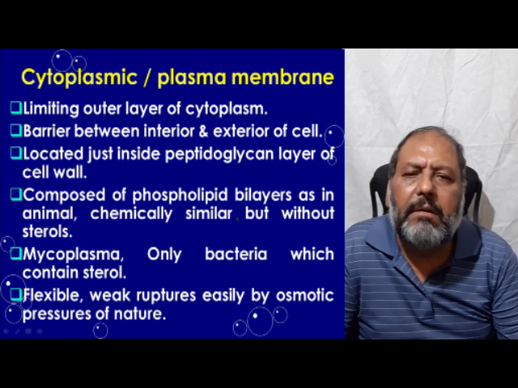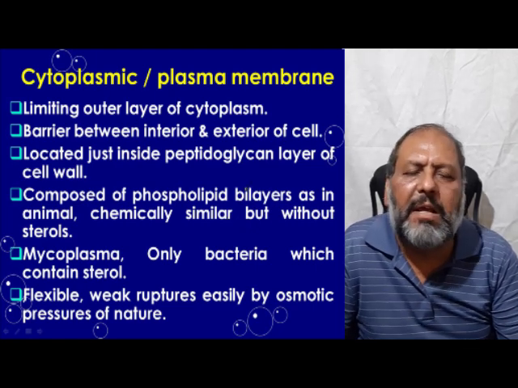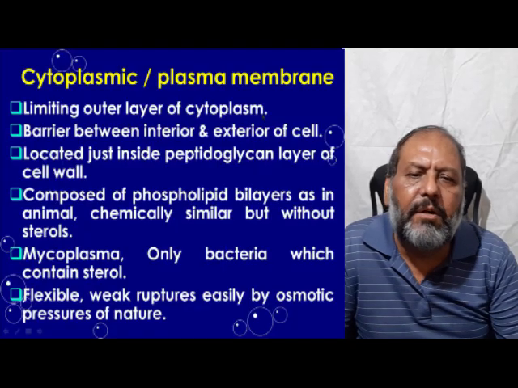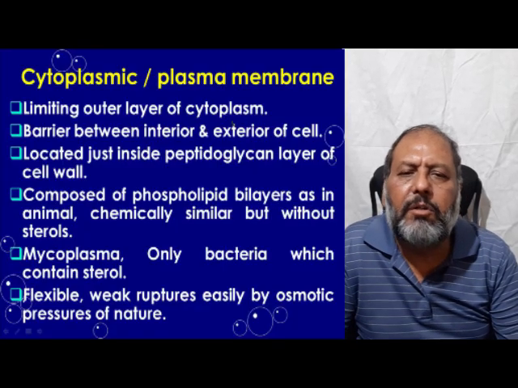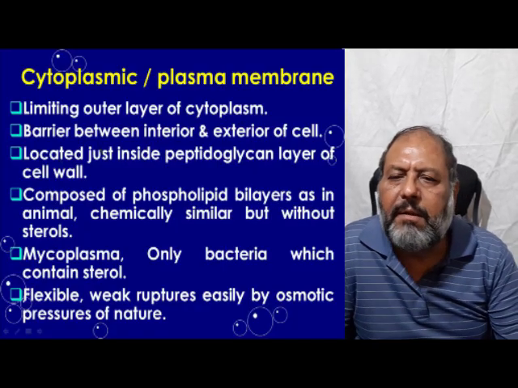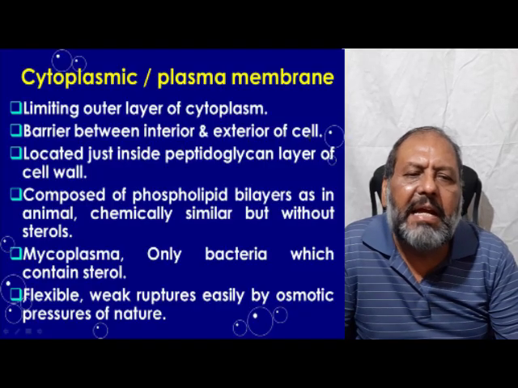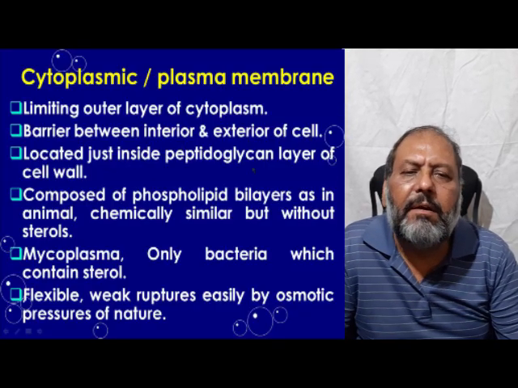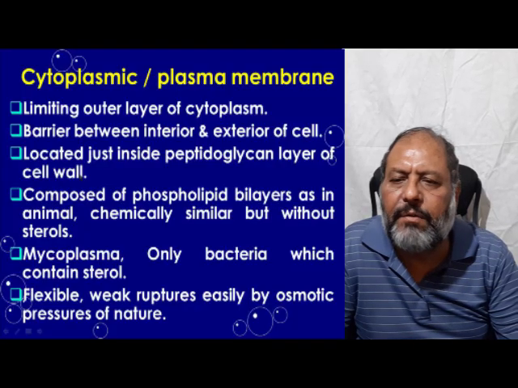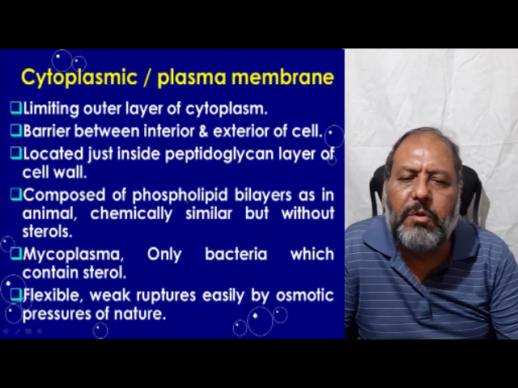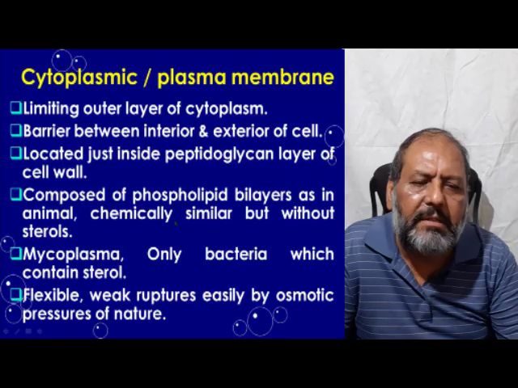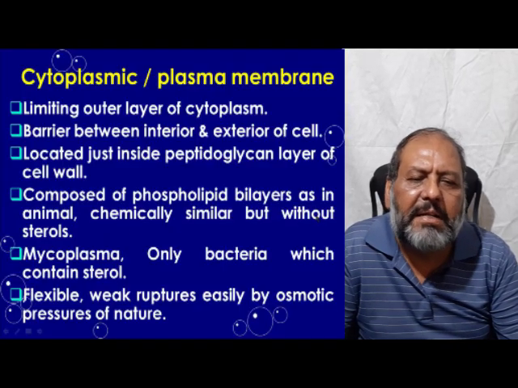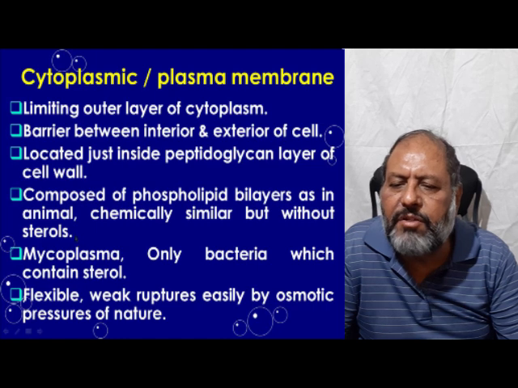The cytoplasmic membrane is also sometimes called the plasma membrane. It is the limiting outer layer of the cytoplasm, or the boundary wall of the cytoplasm, a barrier between the interior and exterior of the cell, located just inside the peptidoglycan layer of the cell wall, and composed of a phospholipid bilayer, as in the animal, chemically similar, but without the sterols.